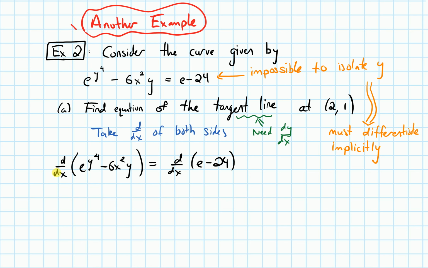Okay. So when we take the derivative of e to the y to the 4, we see e to the stuff here. It's not just e to the x, it's e to the something more complicated. So that's going to involve chain rule. The derivative of e to the stuff is e to the stuff, in this case e to the y to the 4, but then we multiply that by the derivative of the stuff.